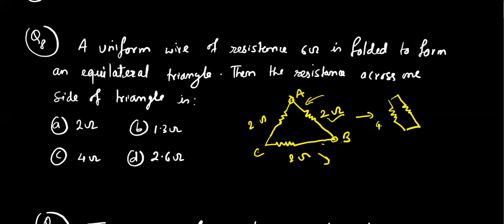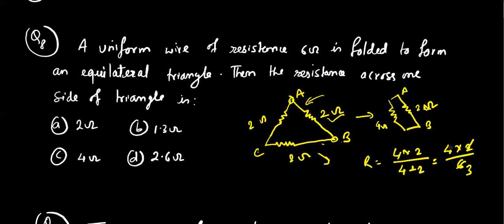Okay, this is 4 ohm and this is 2 ohm, and these are points A and B. Then we can easily find out the equivalent resistance. It will be 4 times 2, because these are parallel combination, 4 times 2 by 4 plus 2, that is 8 by 6, and if you cancel this, then it will be 1.3 ohm. So option B is the correct option.